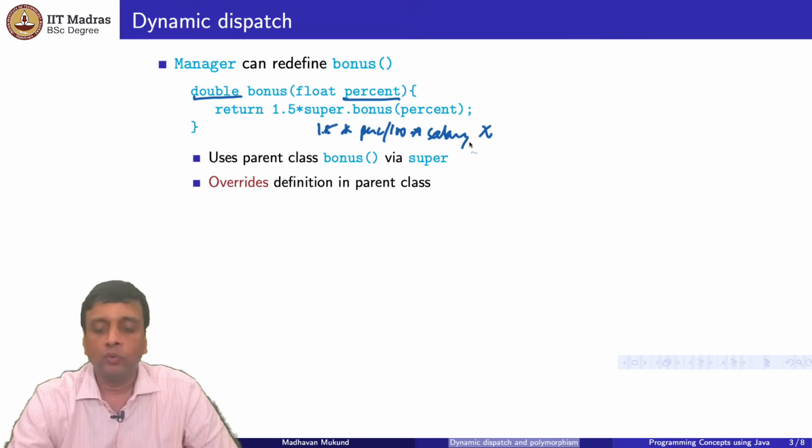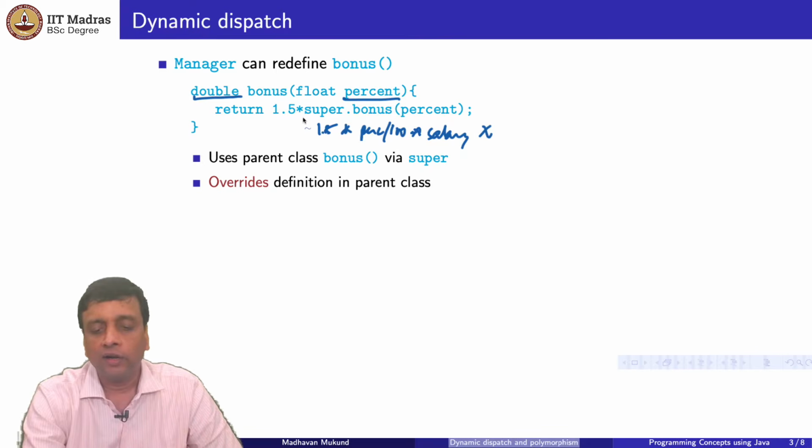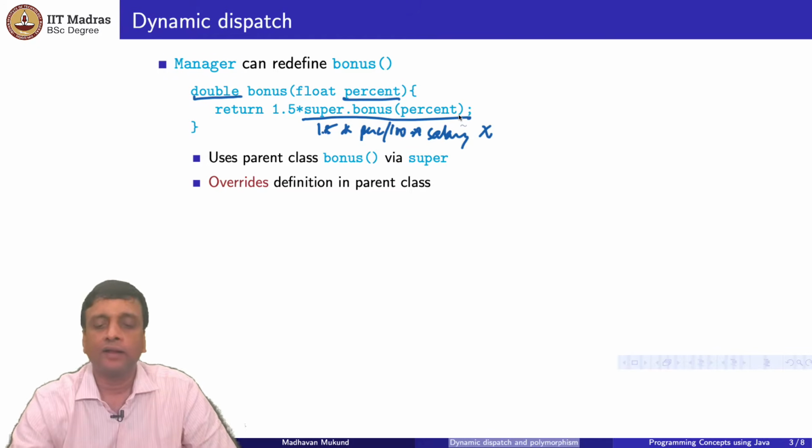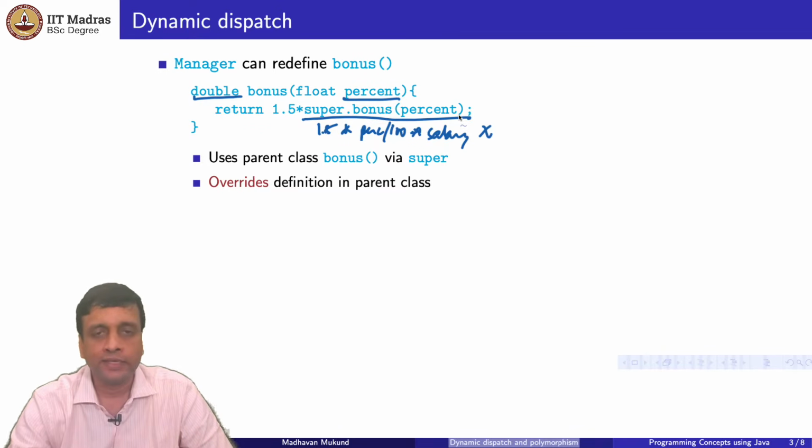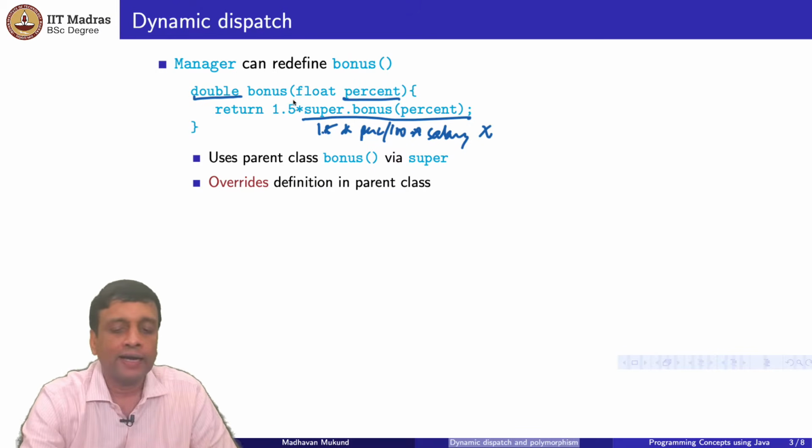But what I can do is call the bonus of the employee using again this notion of super. So super in general talks about the function which is available one level up in the class hierarchy. So you go to the parent's method, compute the bonus there, take whatever result you get from that and add 50% to it.